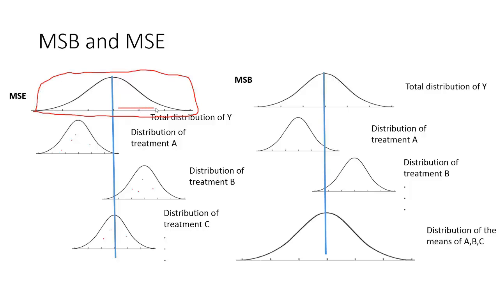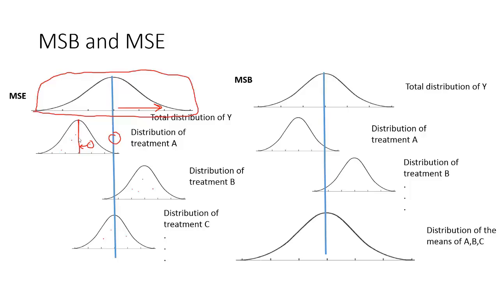Now if you try to estimate the total variance, let's take a look at how MSE would estimate it. MSE would take the deviation of each data point with respect to its own mean, not with respect to some grand mean, right?